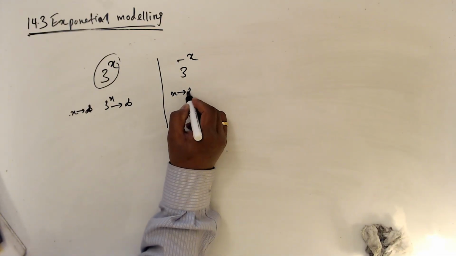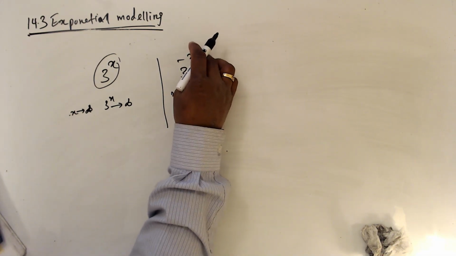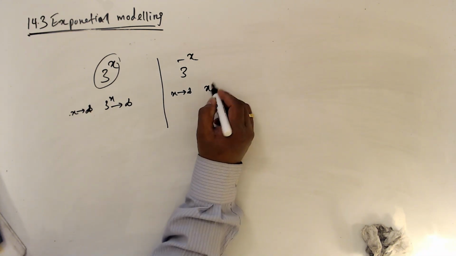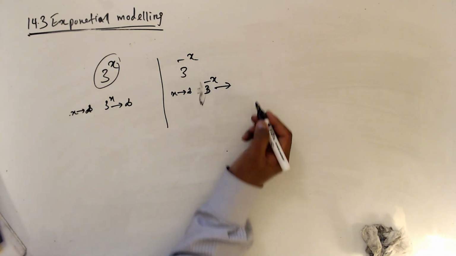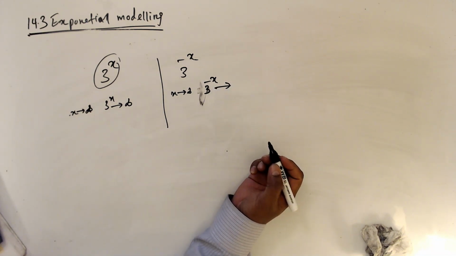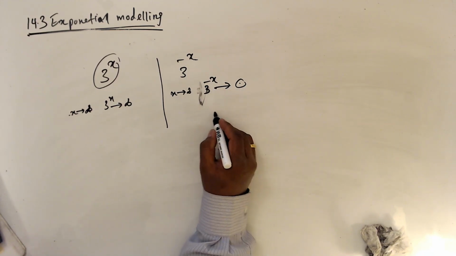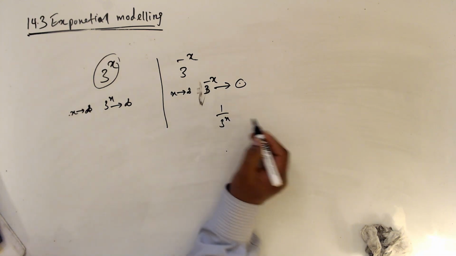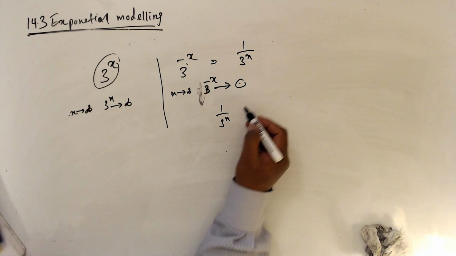Now, what will happen when x goes to infinity with this one? It means you are putting minus 2, 2, 3, 4, 5, all positive x values. What will happen to 3^(-x)? It goes to 0, because 3^(-x) means 1 over 3^x.